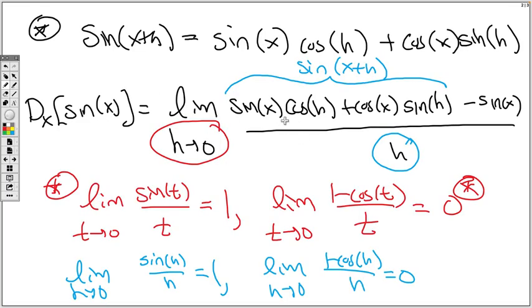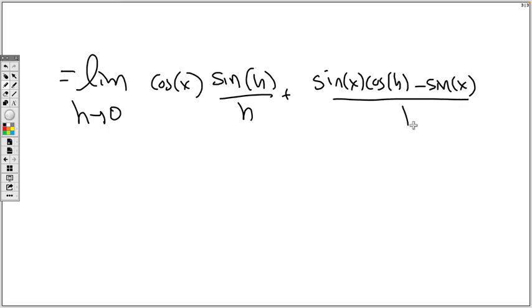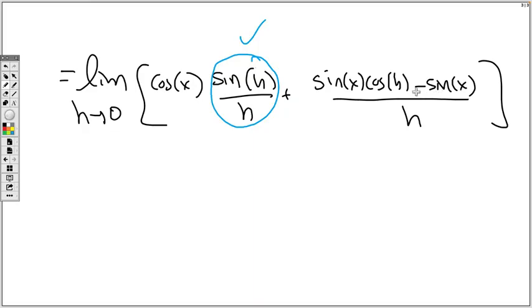I've got a sine x cosine h minus sine x. So I know where this one is going. Right? As h goes to 0, I know this is going to go to 1, so that's dialed in. Here I got a little more work to do.